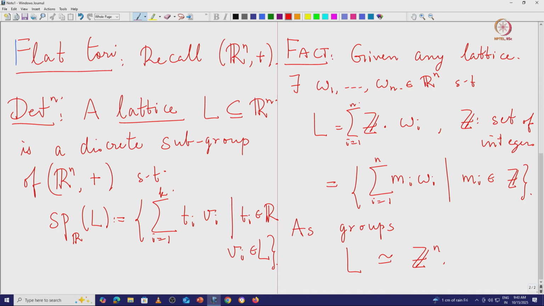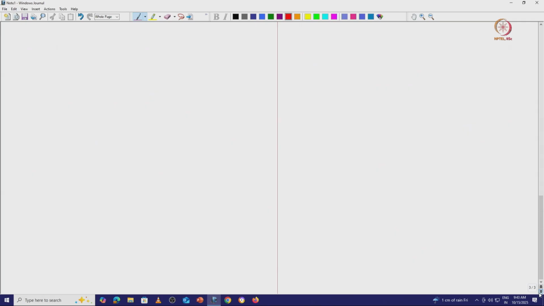Now of course there is an action of L on Rn by translations. So one can take the quotient under this action.